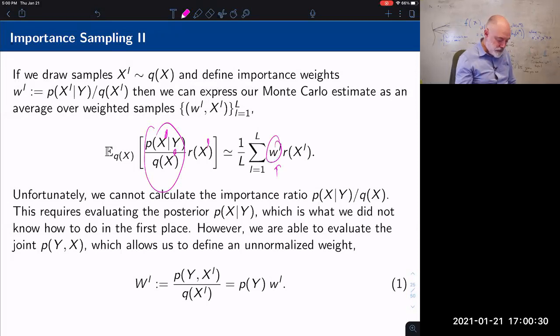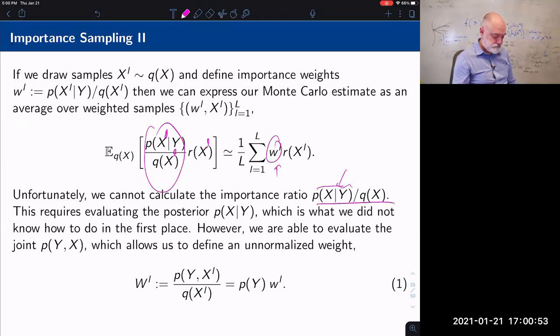Unfortunately, we can't compute this because in the Bayesian inference setting, the posterior distribution is not something that we have access to. Certainly not something that we can score, unless we're in one of the analytically marginalizable models that we talked about before, like Dirichlet-discrete or something like that.